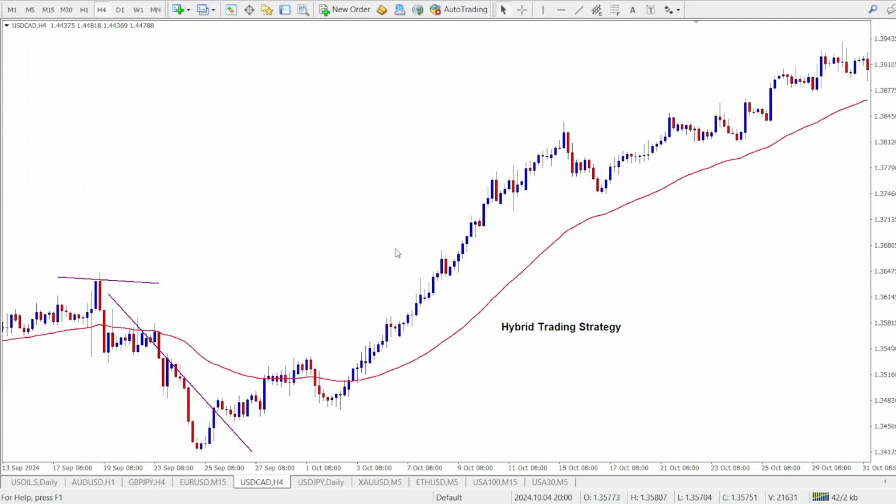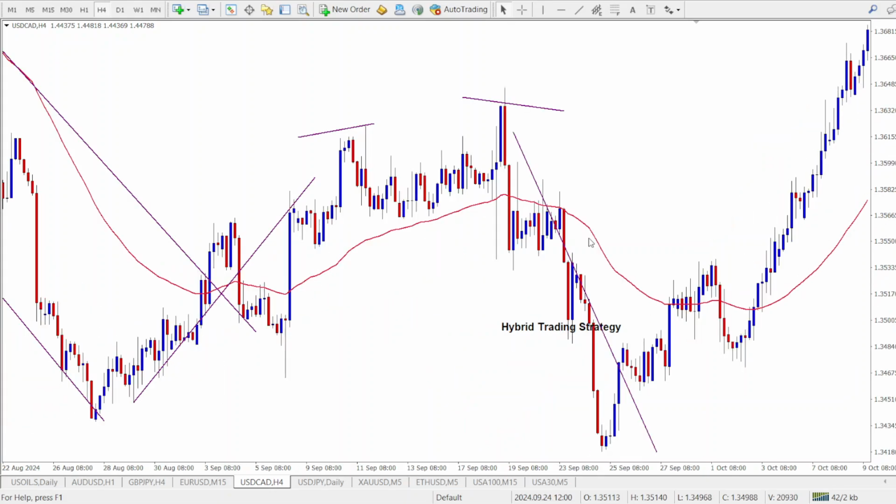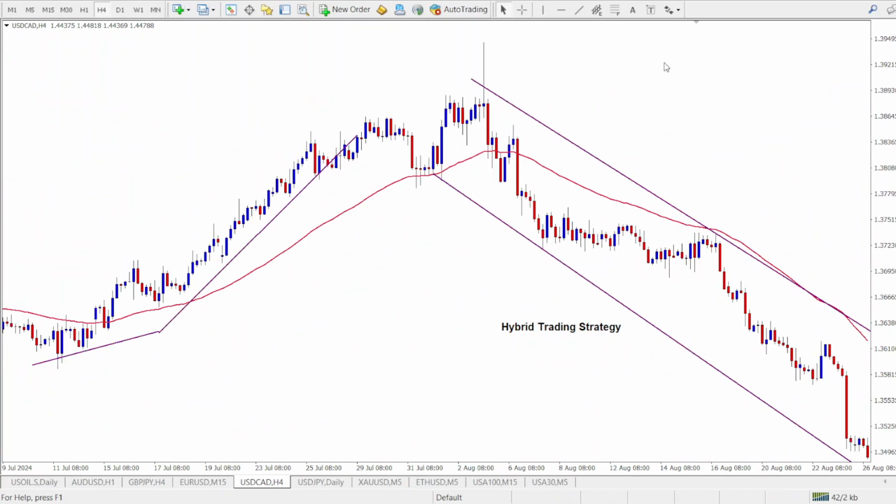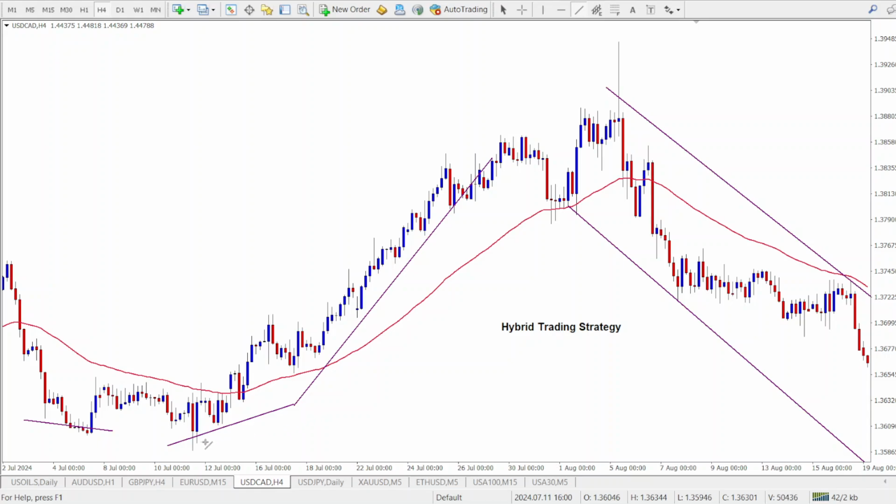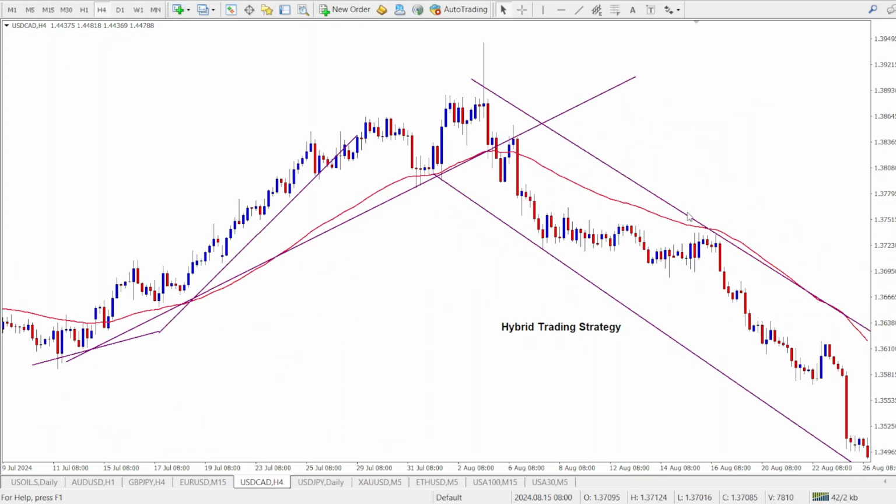For example, we can see that initially we were having a buy trend around here, and then at some point, both the moving average and the trend line gave us a hint that a bearish trend is starting, because we can see that we had a breakout to the downside, and after the breakout we even had a retest. You can see we had a retest, and then right after the retest the price continued downwards, so we literally had a bearish breakout.